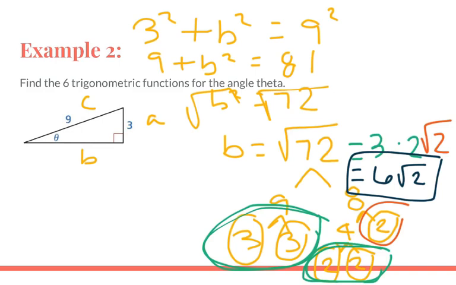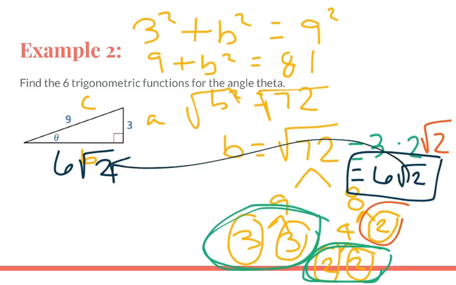With all of these right triangles, trig stuff, we are going to always be doing simplified radical form. So now I'm going to come back over to my triangle and fill in that b is 6 root 2. And now I can proceed doing the rest of the 6 trig functions. If you need to pause and look at the work on the screen, go ahead and do that now. I'm going to erase everything and just fill this number in here in a clean, nice looking way.